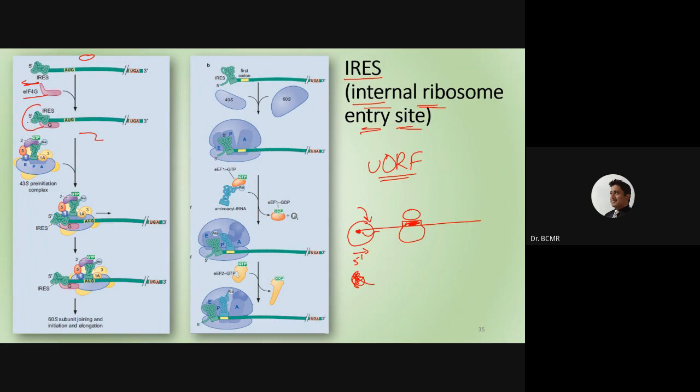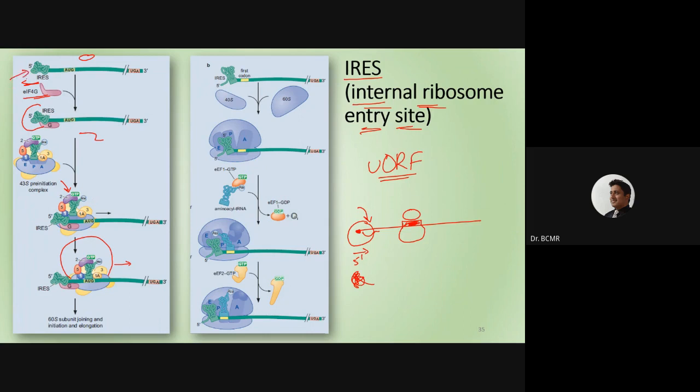It's not the tip of it, but this folding happens internally, and that allows the binding of eIF4G and so on. Then the 43S complex forms and the pre-initiation complex, and eventually you have the binding of the large subunit, and translation is happening.